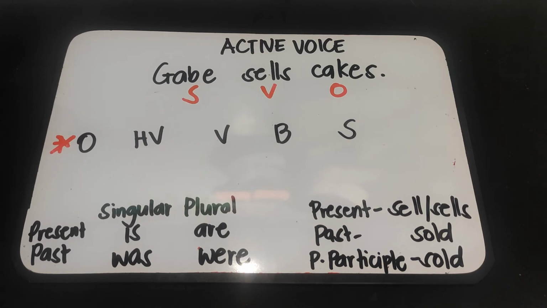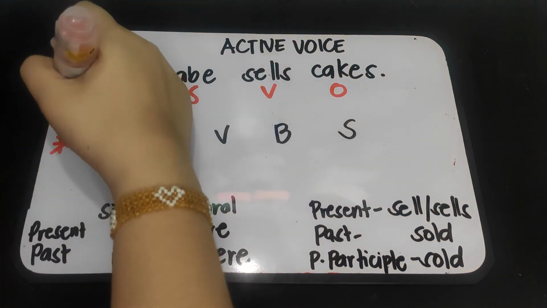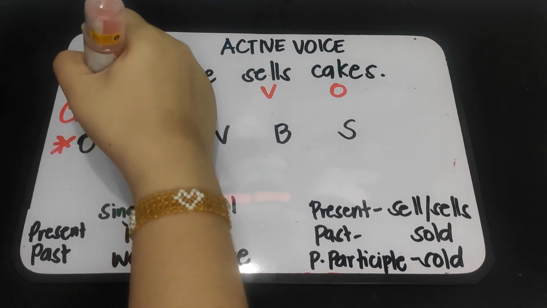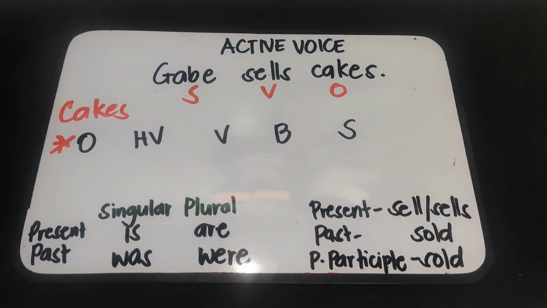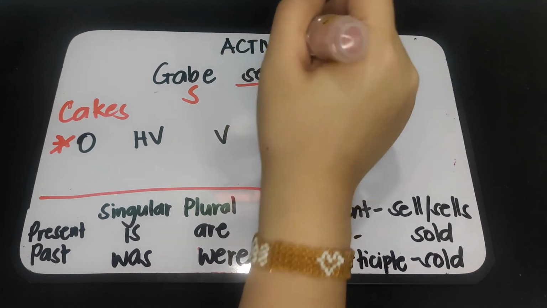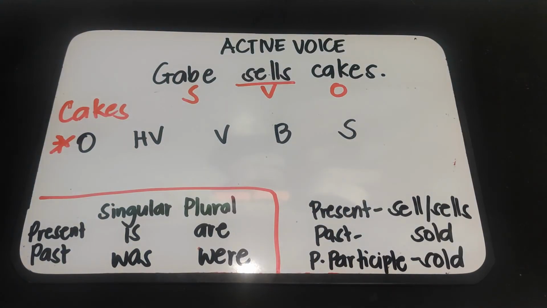Let's get the object first. Our object is cakes. Then we need a helping verb. What are we going to use? These are our choices. But how are we going to know which helping verb is appropriate in our sentence? Sell is one of our irregular verbs, right?